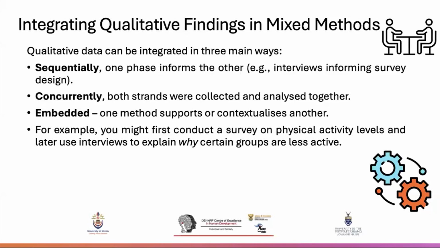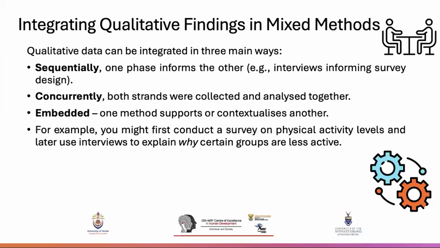So now we have identified patterns of sedentary behavior. Now we have identified patterns of unhealthy eating. Now we have identified patterns of physical activity. And now we can utilize the qualitative data to support what these patterns mean and how we are actually seeing them.